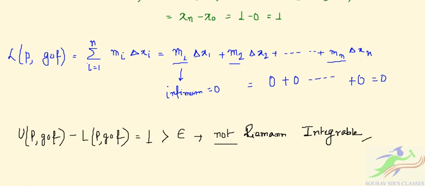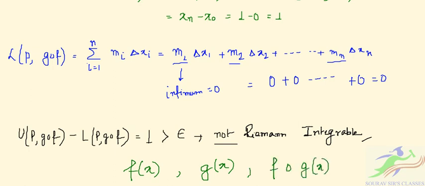So in our case, only these three functions, that is f(x), g(x), and f composite g, are Riemann integrable. We will check the options, and the interval is [0, 1].